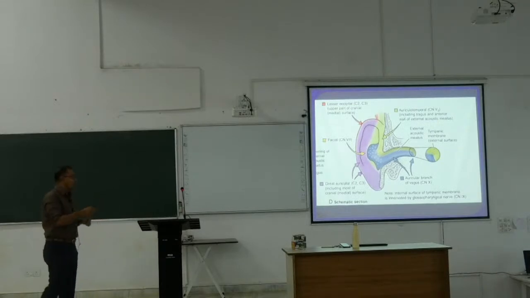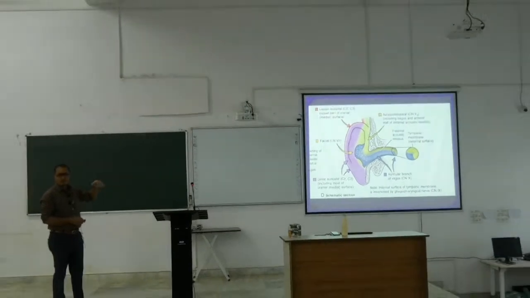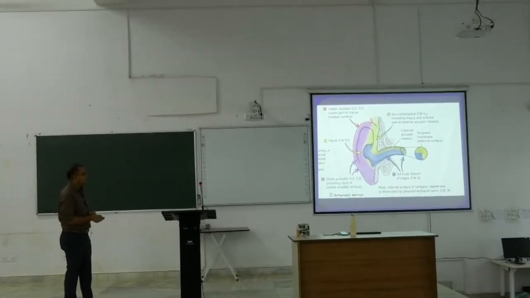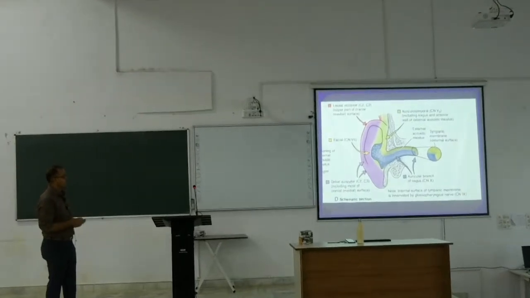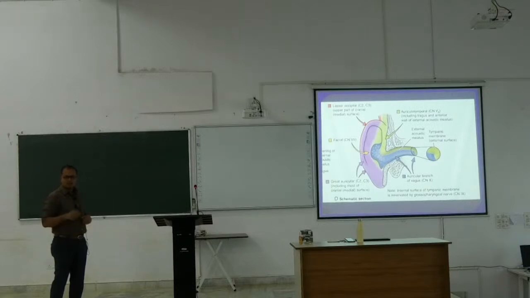Now if you look at here, the external side of the pinna is supplied with a number of nerves. The auricular nerves in a sense: we have the great auricular which is supplying this particular region, and the lesser occipital which is supplying this region. But more interestingly, we are focusing on this canal, the external acoustic meatus, and its nerve supply.